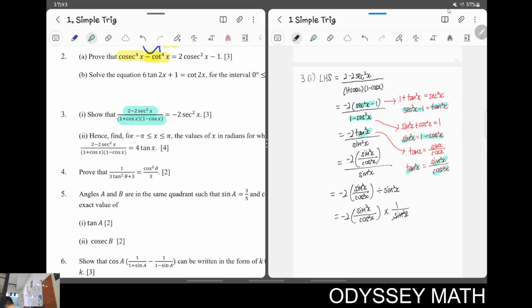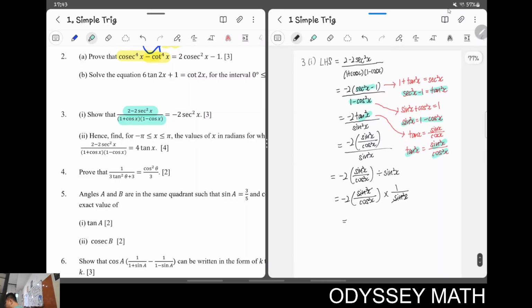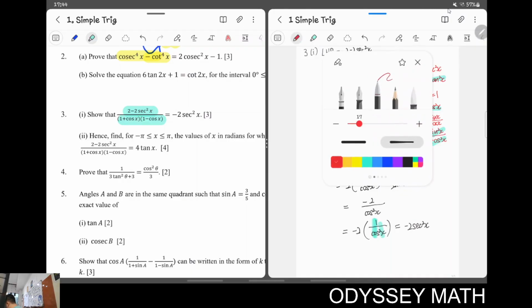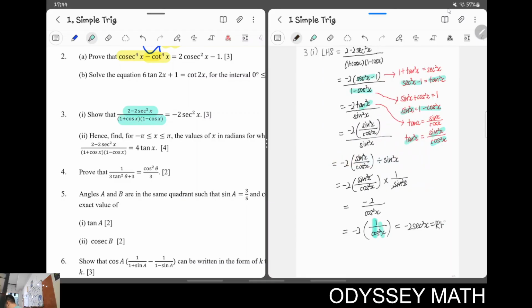Cancel the sine square x, and then we will have minus 2 over cosine square x. Here I'm actually writing out the working in detail, but you need not present it like me if you already know your stuff. So 1 over cosine square x is secant square x, so minus 2 secant square x. So this is equals to RHS.